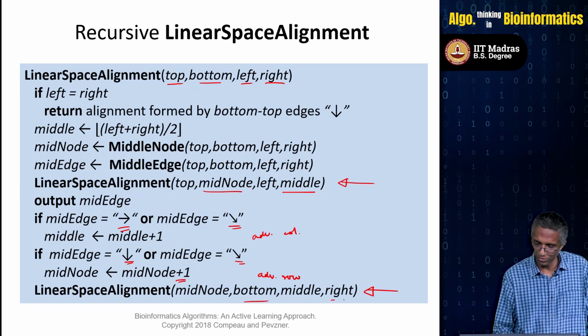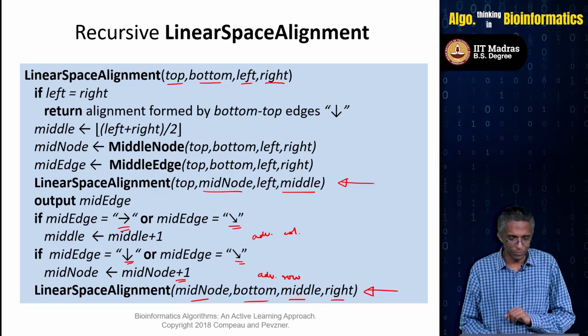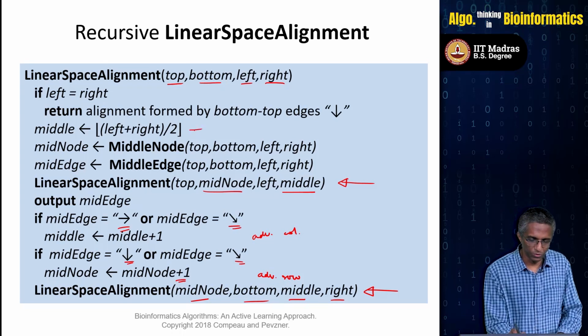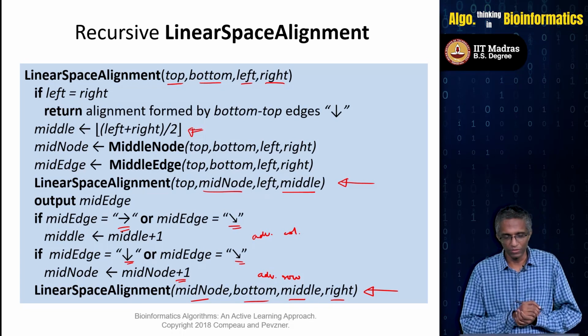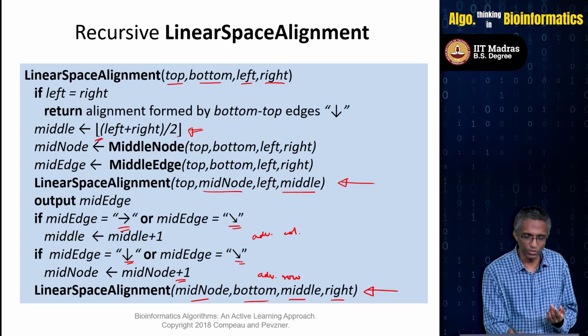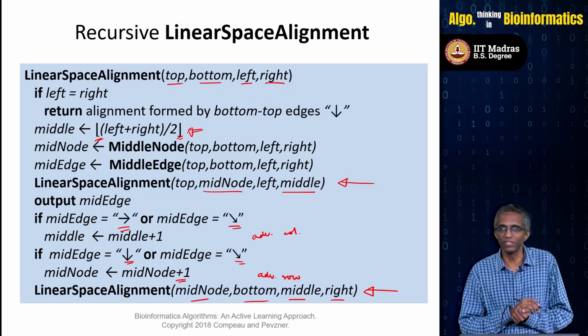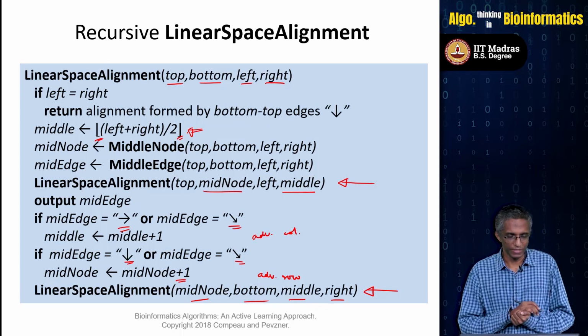And then bottom and right are the same, so you have middle node and middle, which is the advanced row and column. Okay, so these are the two subproblems, and middle is always going to be the middle column between left and right. We can take a ceiling or a floor, it doesn't matter. Here they have taken a floor. If you have a value like 5.3, then it becomes 5.